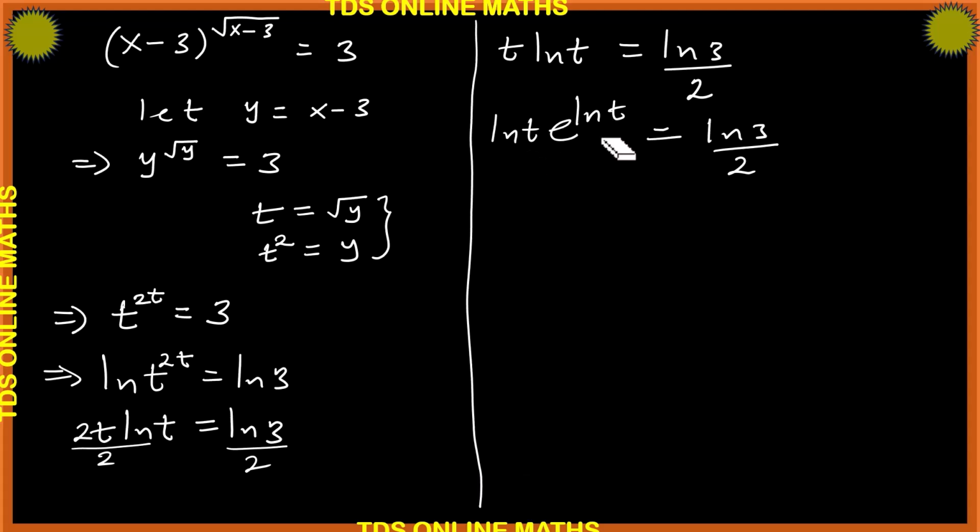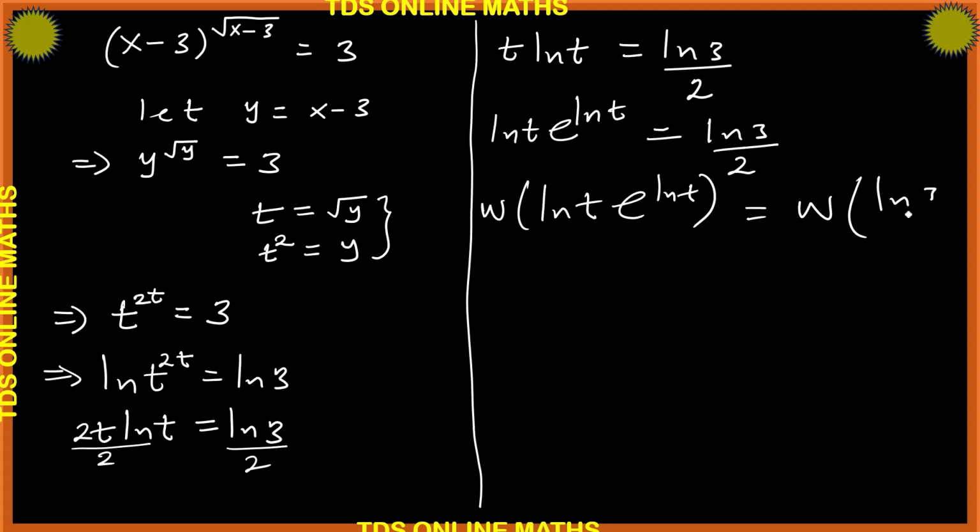So let's take the Lambert W function of that ln of t, times e raised to ln of t. Remember I said this one equals the power here, will give us that.